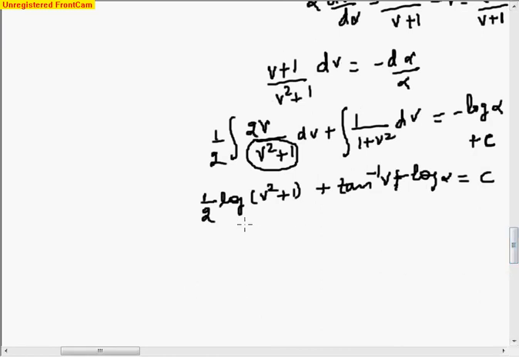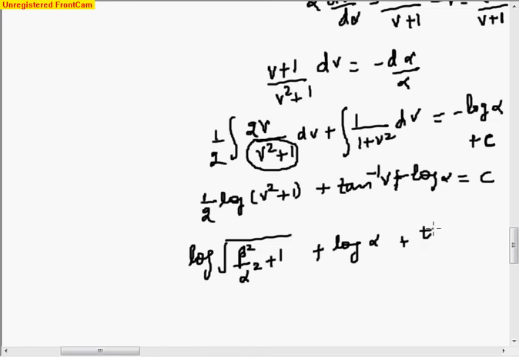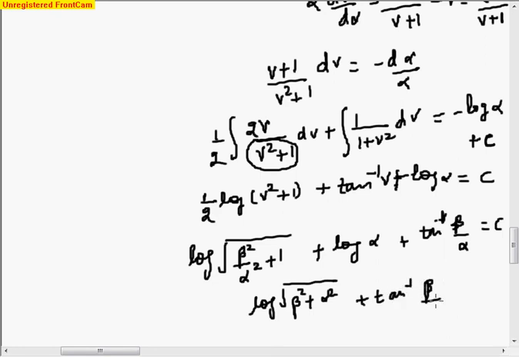I can take this inside the log: square root of (beta square upon alpha square plus 1) plus log of alpha plus tan inverse beta upon alpha is equal to c. Log a plus log b is log ab. So this is log of square root of (beta square plus alpha square) plus tan inverse of beta upon alpha is equal to c.